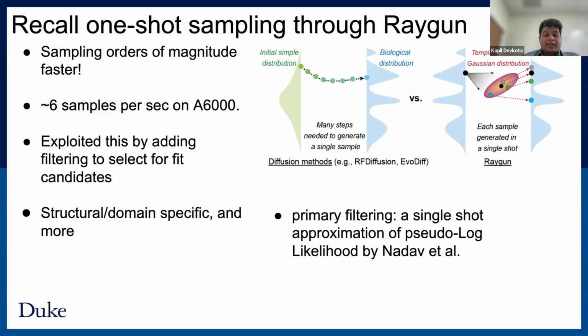We found that this is very fast and works pretty well. That's why it is used as a primary filtering tool in every sampling problem that we did using Raygun. We also found that PLL is length dependent, and we applied measures to correct for that, which we describe in the paper.